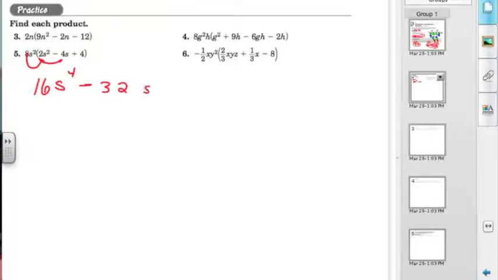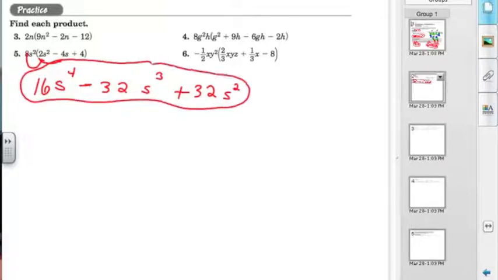And I have a total of 3 s's. And then I have 8 times 4 again, that's 32. A positive times a positive gives me addition. And I have a total of 2 s's. So it's s squared. Notice that it's arranged in descending order, which is the traditional way to do it unless told otherwise.